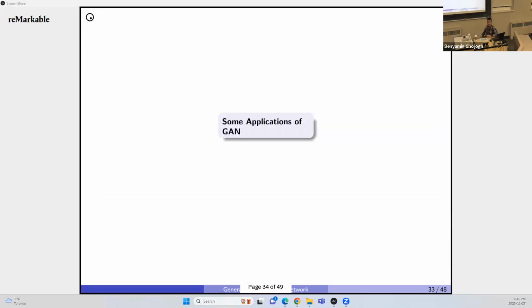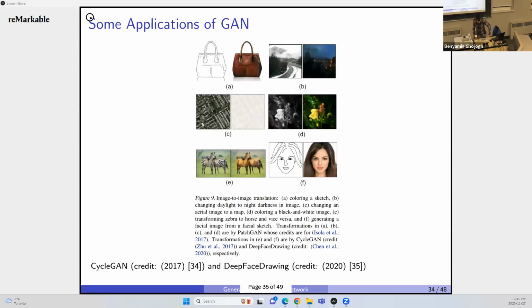Now let's see some applications of GAN, some fun parts. Consider this. We can train GAN to do these things. For example, I have edges, it colors it for me. The other way around is easy. You use edge detection.